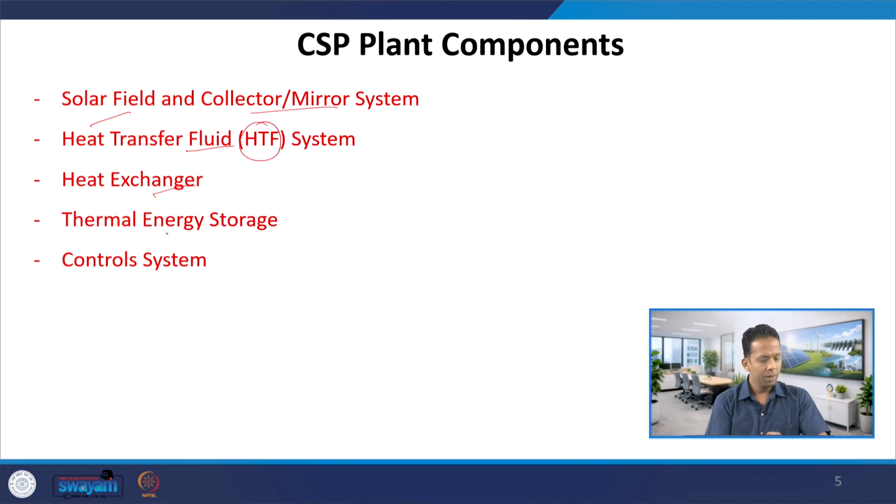Okay. Thermal energy storage, like TES tanks which I had shown earlier, to be able to run the plant or generate power in the absence of sun also for a certain amount of time. And then there will be the control system managing all these collectors, mirrors, heat transfer fluid and the flows of fluid.